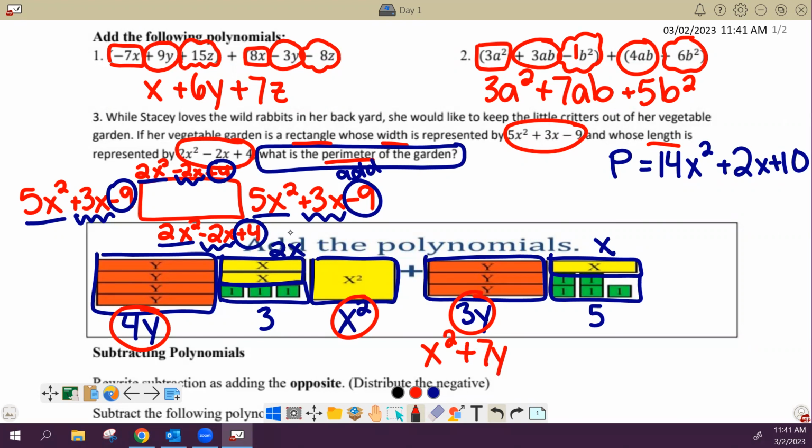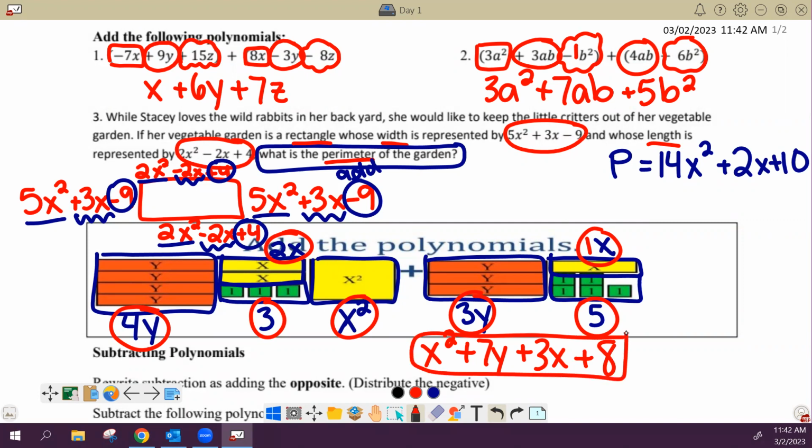And then there's a 2x and a 1x, which adds to 3x. And then 3 plus 5 is 8. So that is my final answer. The only change I might make is to put the x first in front of the y, just because that's alphabetical, but I'm not super picky about the order.